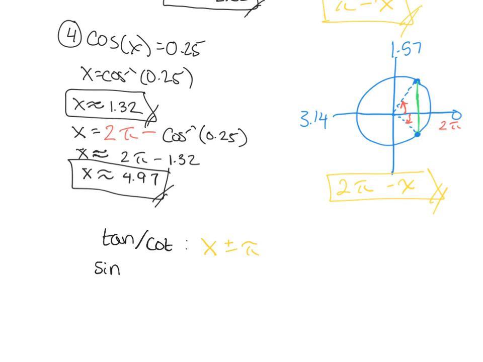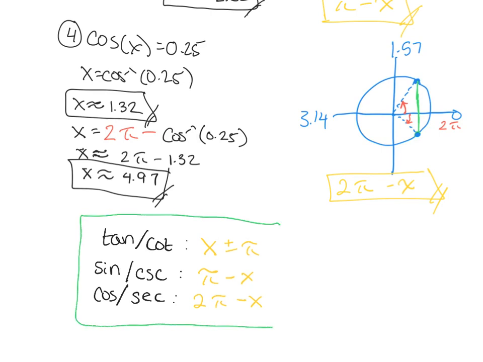For sine or cosecant, we're going to take a look at pi and subtract our first answer from there so that we can have the same y value for both of those. And then for cosine and secant, we're going to take 2 pi and subtract the angle that we have because they're both supposed to be x values. So right here is the big ta-da from the last 3 examples.